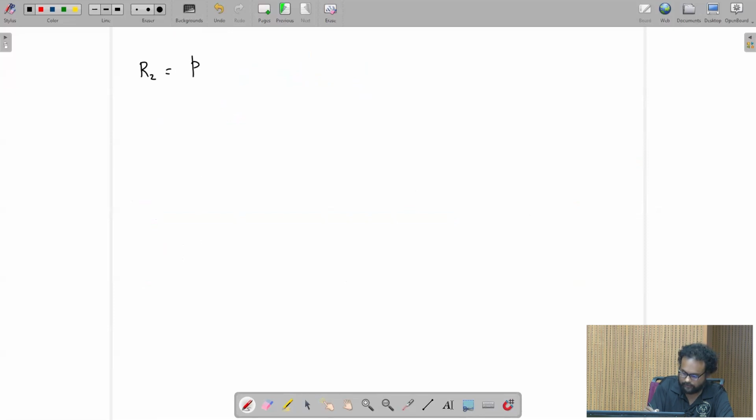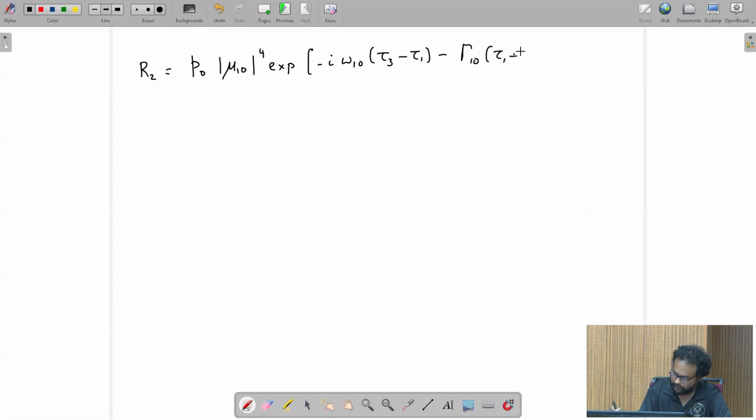R2: mu_01 to the power 4, exponential of minus i omega_10 (tau 3 minus tau 1) minus gamma_10 (tau 1 plus tau 3) minus gamma_1 tau 2, where gamma 1 is the population decay.